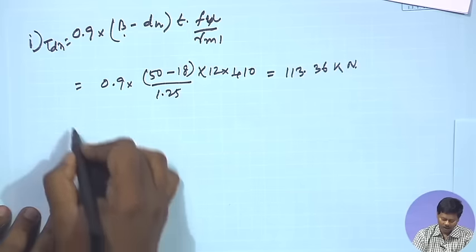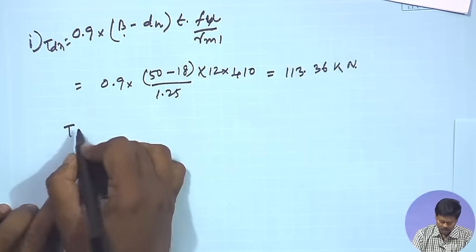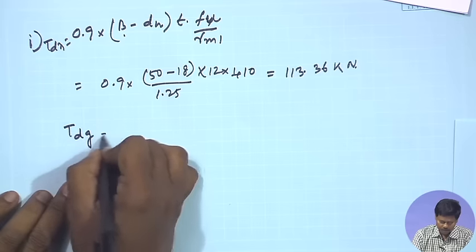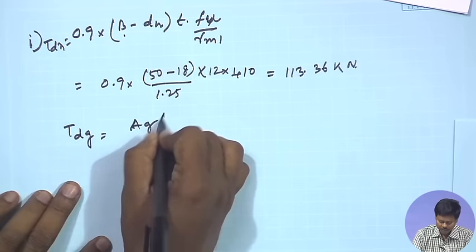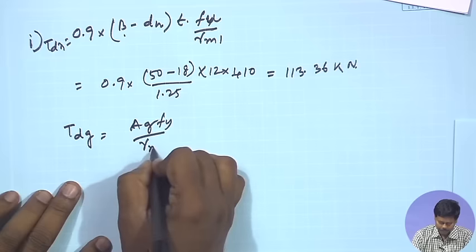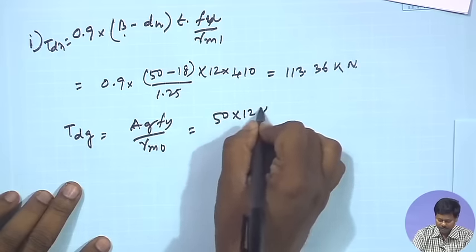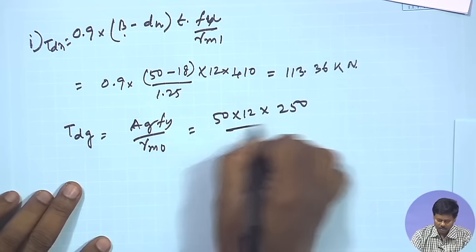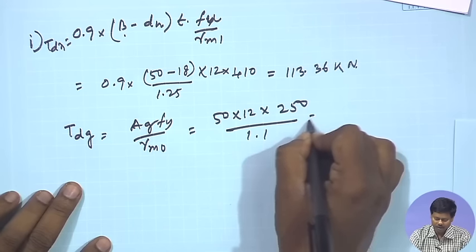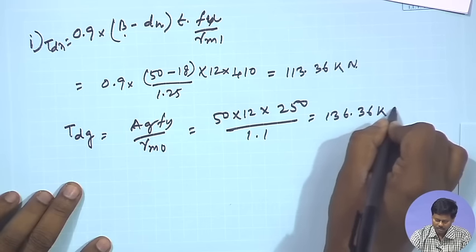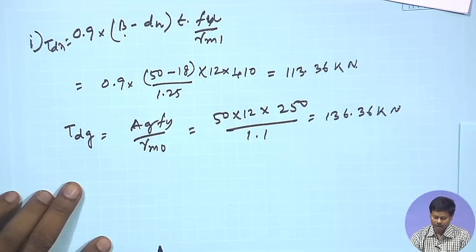And the strength due to gross yielding TDG, we can find out as Ag Fy by gamma m0. So, Ag is 50 into 12, Fy is 250, gamma m0 is 1.1, so it is 136.36, right.